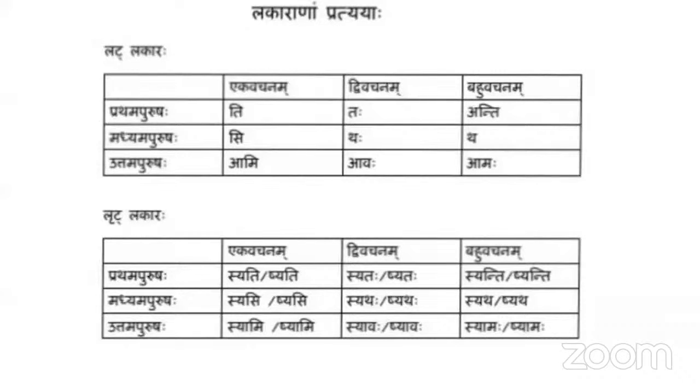For lat lakar the endings are ti, tah, anti, si, thah, th, ami, avah, amah. Lat lakar means present tense, Vartaman Kal. For that, the Parasmaipad endings are ti, tah, anti, si, thah, th, ami, avah, amah.